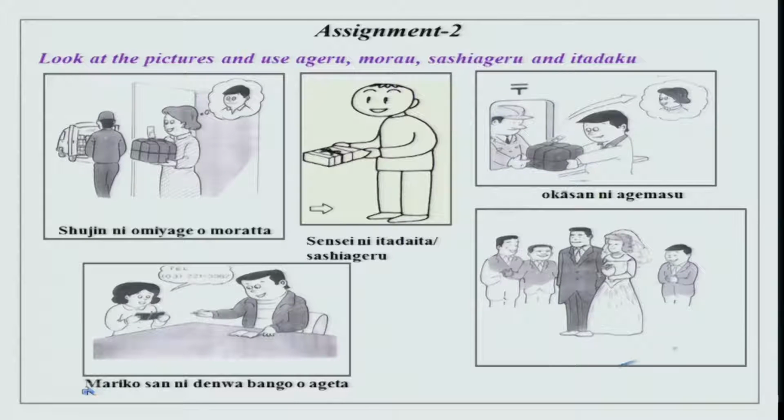Somebody is getting married, and then we have a car over here, and let us see what it says. Kanai ni kuruma o ageta. Kanai is wife. So, watashi is not written over here. Kanai ni, to my wife, kuruma o agemashita, I gave. So, I hope you got this agemashita, itadakimashita, moraimashita, sashiagemashita properly, correctly, without any mistake.